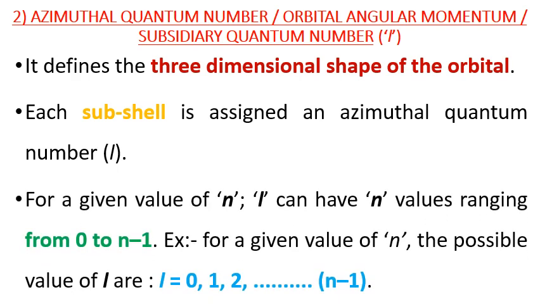For a given value of n, l can have n values ranging from 0 to n minus 1. For example, for a given value of n, the possible values of l are 0, 1, 2 and so on up to n minus 1.